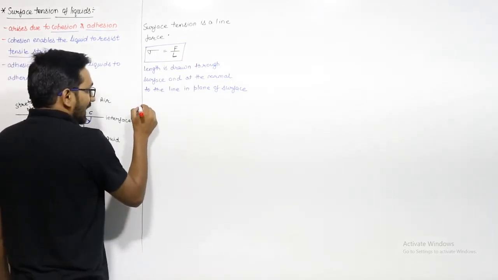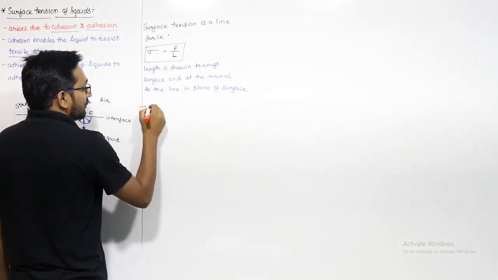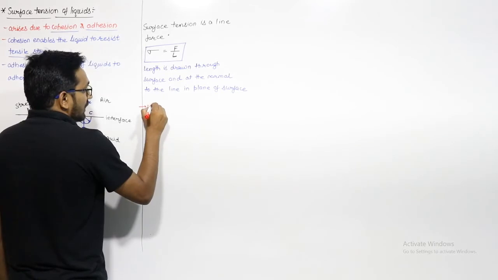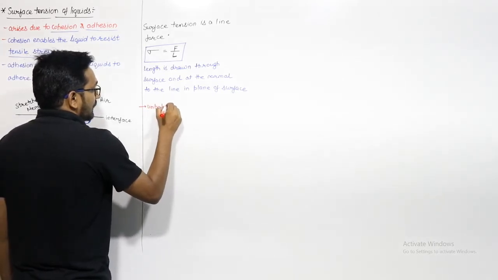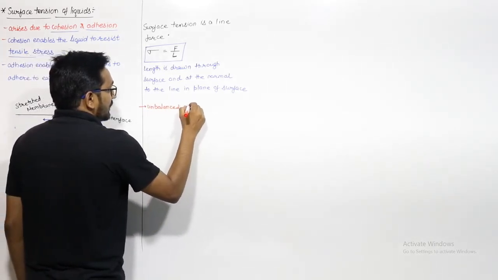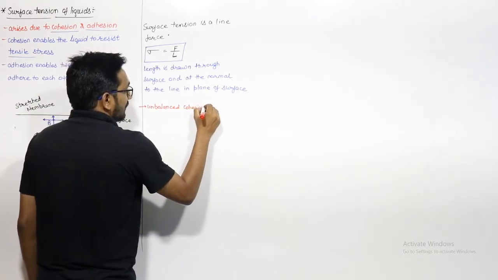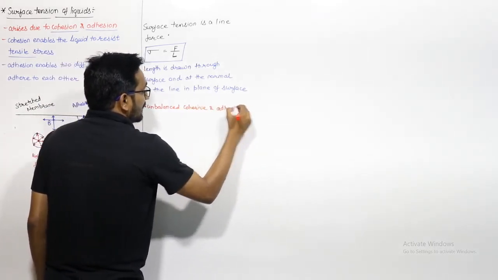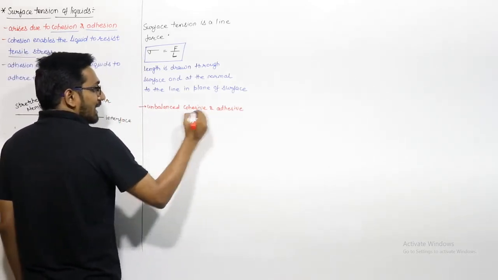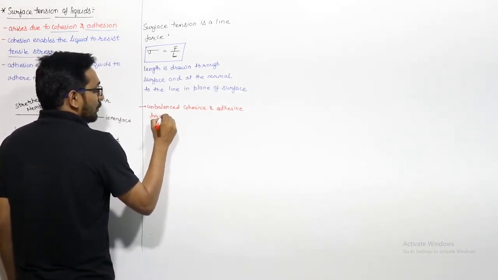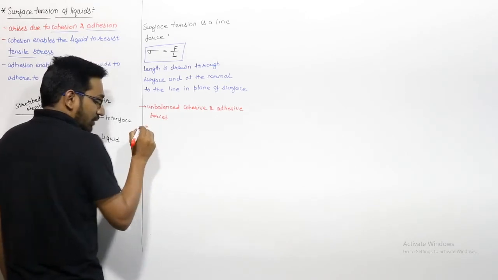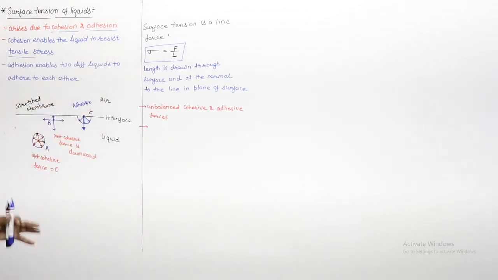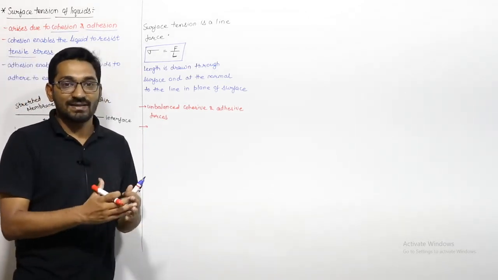And we can say that surface tension is because of unbalanced cohesive and adhesive forces, right? Just to make a very clear point here: not only because of cohesive, it is because of both cohesive and adhesive forces.